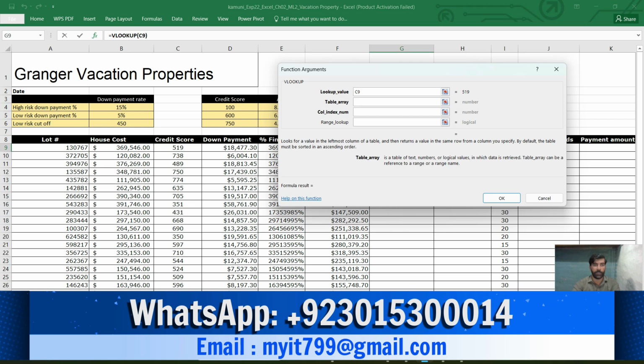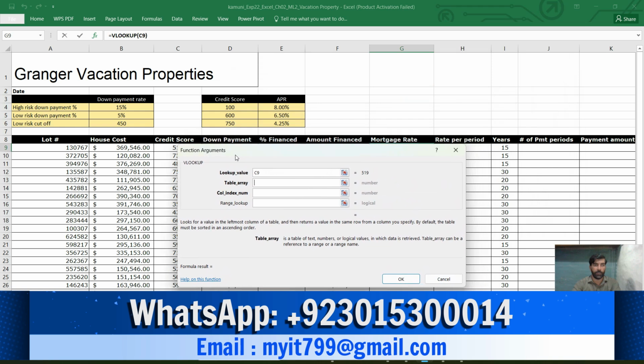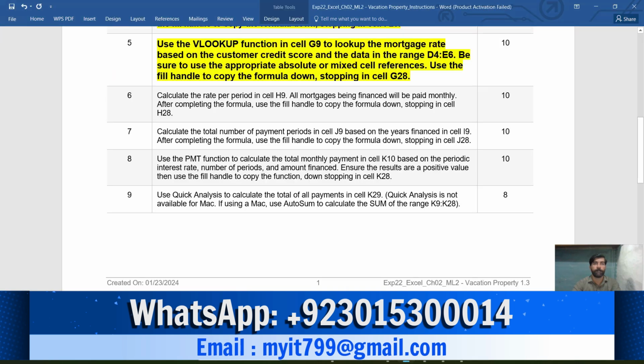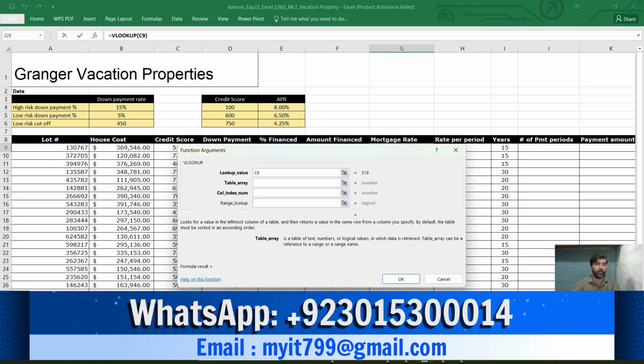And what is the array? I already told you and explained it. The range array should be from D4 to E6, where this is D4 and this is E6.